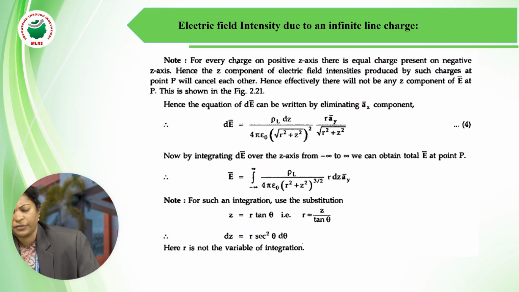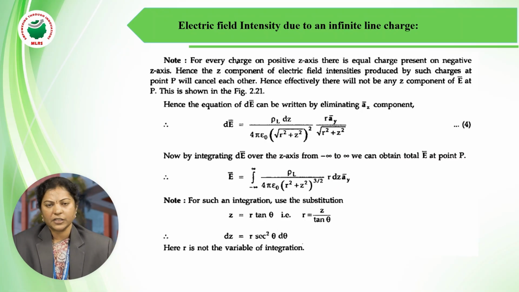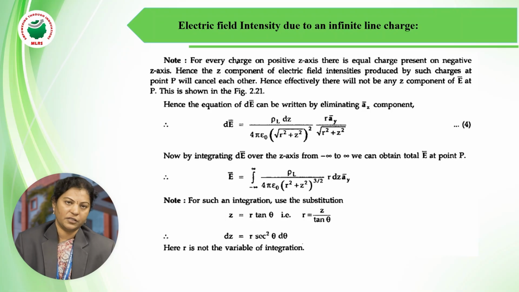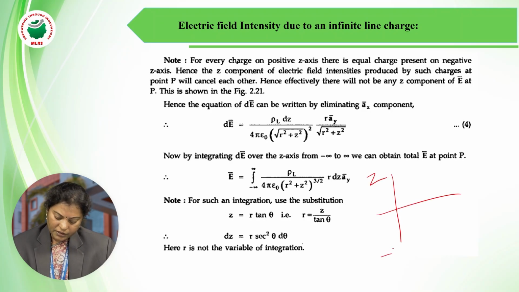We know that for every charge on the positive z axis, an equal charge is present on the negative axis also. So the z components of the electric field intensity produced by such charges at point P will cancel each other, because z and the opposite charge at minus z are present. So both charges cancel each other out.